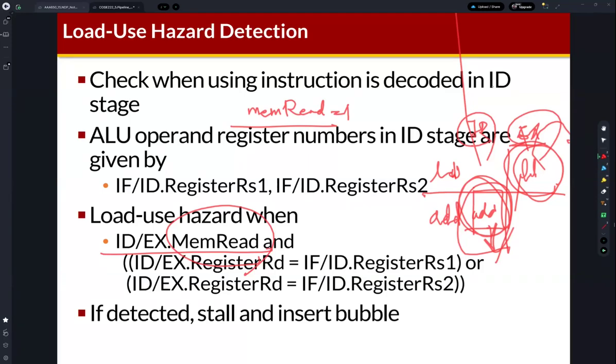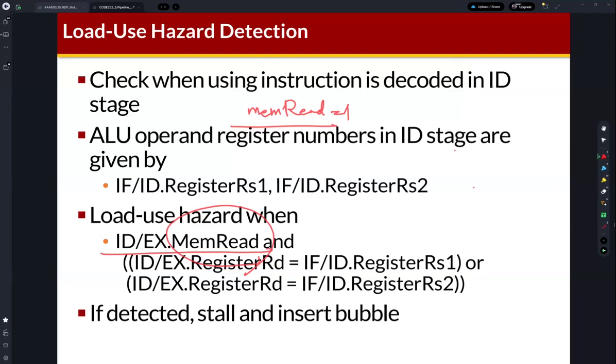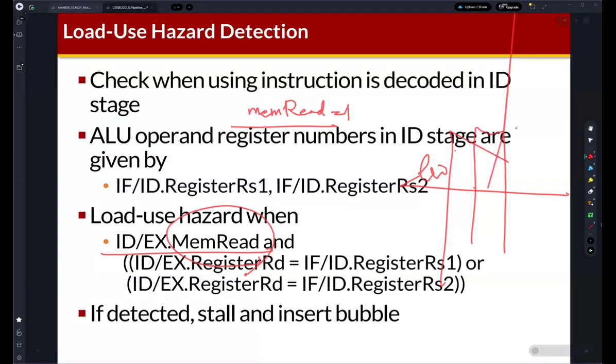Then how can you handle the instruction in the EX stage? So load word is in the memory stage, and the add instruction is in the ID stage. Then what will happen in the EX stage?